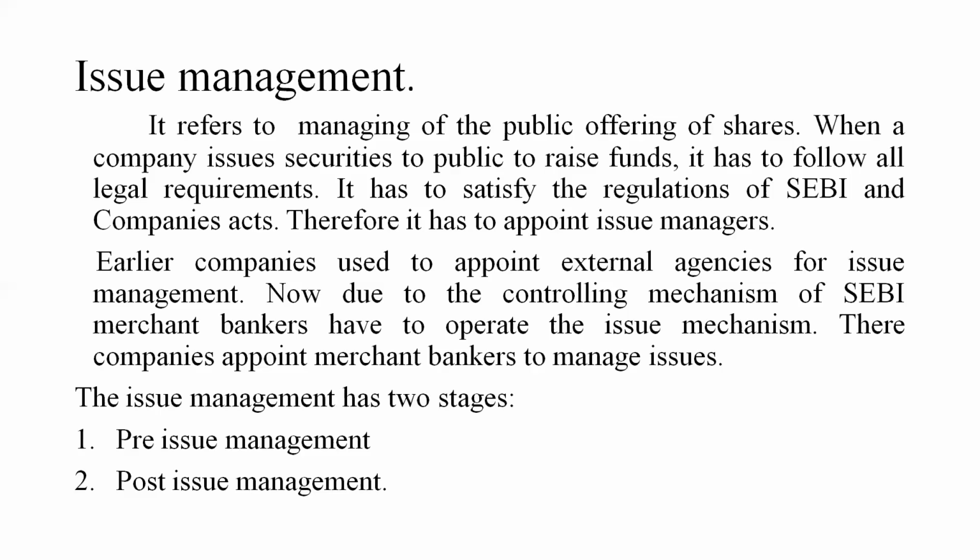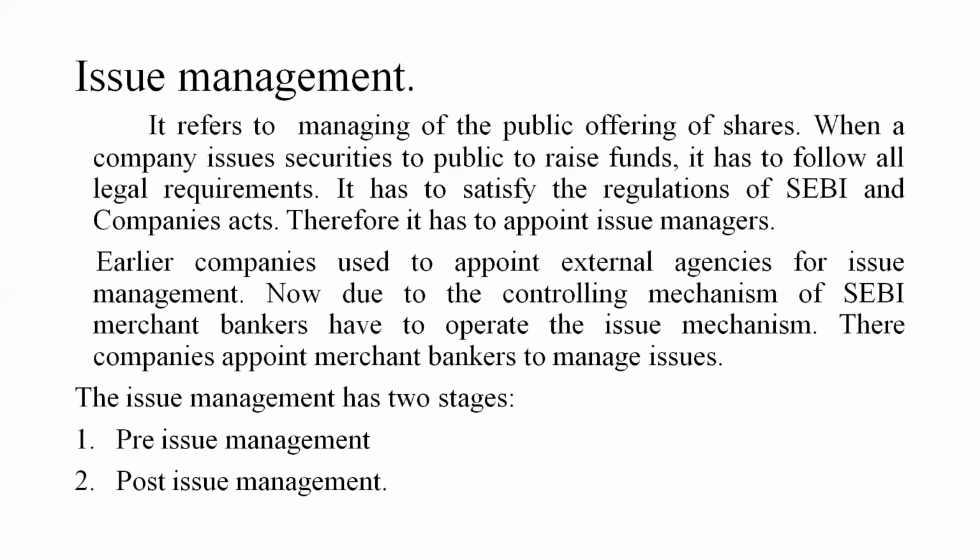Therefore, a company cannot manage its own issue when it comes with public offers, because there is no expertise in the company. It cannot appoint any individual manager for that. Therefore, it has to appoint agencies that are expert in issue management. Earlier, companies used to appoint external agencies for issue management who did not perfectly have the licenses and permissions to operate.